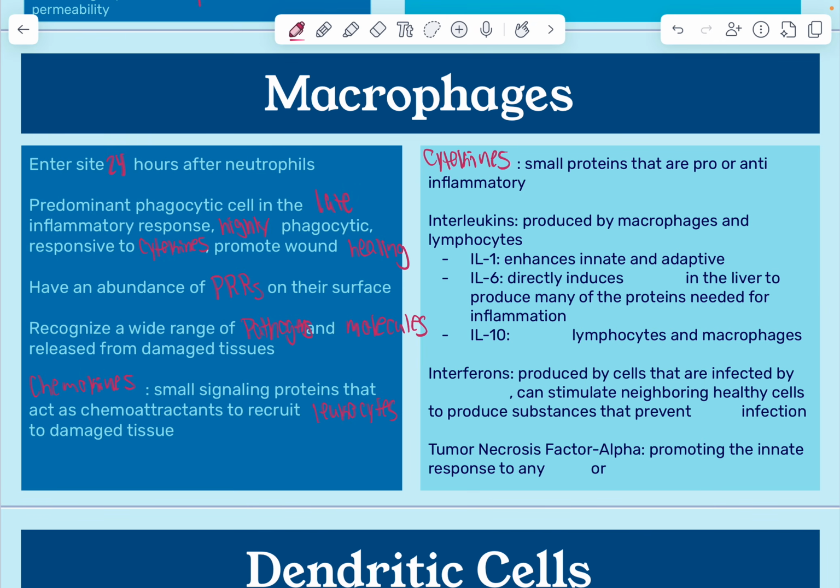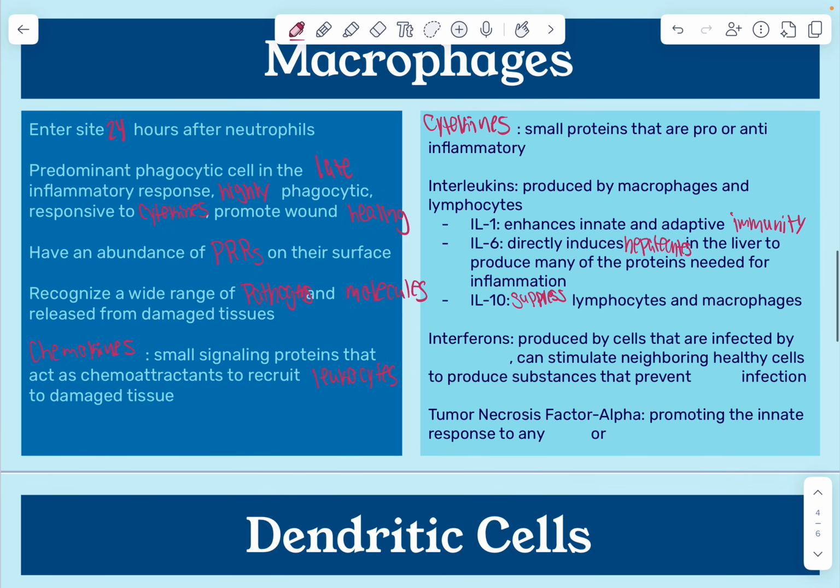Interleukin 1 is going to enhance innate and adaptive immunity. Interleukin 6 directly induces hepatocytes, and this is going to help produce many of the proteins in the liver that are needed for inflammation. And interleukin 10 is going to suppress lymphocytes as well as macrophages.